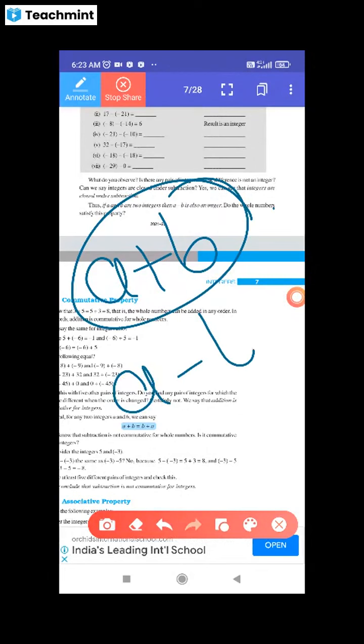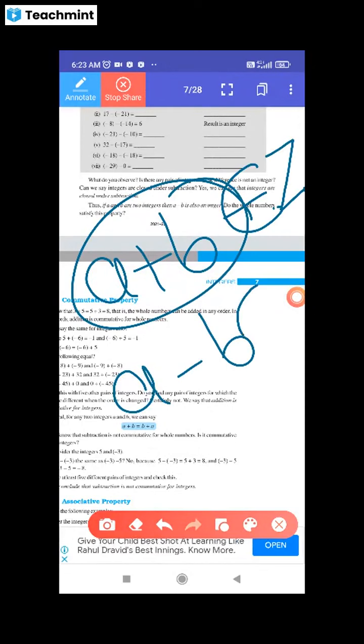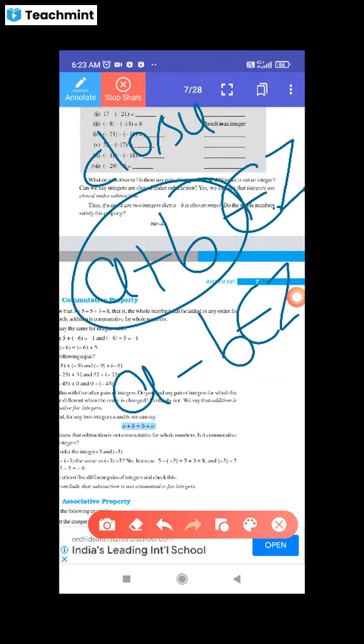And a minus b, which symbol do we have to write? This one, belongs to integers, which means Z. a minus b also belongs to integers. This property we can consider as closure property under addition and subtraction. Understood?